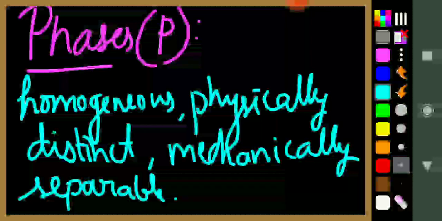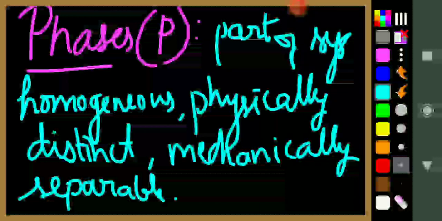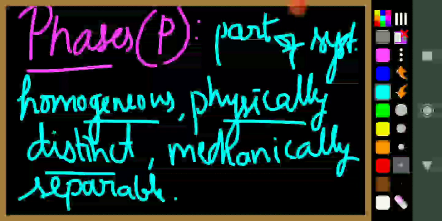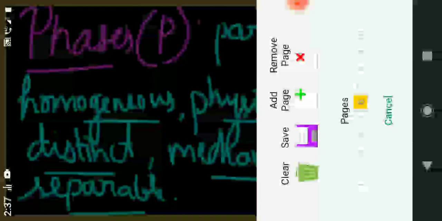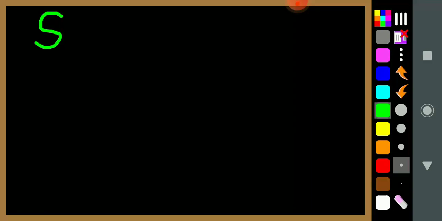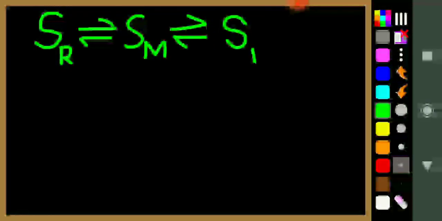It is a part of the system which is homogeneous, physically distinct and mechanically separable. We'll take some examples like rhombic sulfur, monoclinic sulfur is in equilibrium with sulfur vapor.